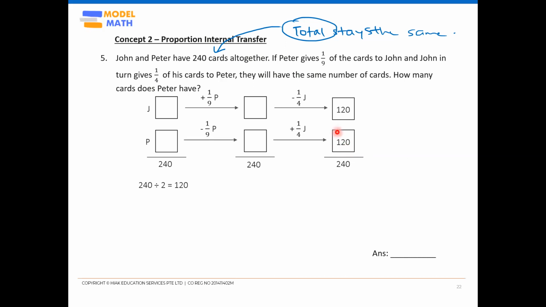However, if I use the top guy, John, John gave away 1/4. 1/4 means that this box will be treated as 4 out of 4. I repeat, this will be treated as 4 out of 4 because if he is going to give away 1/4 of his share here, this obviously will be treated as the whole 4 units. I don't care what was in front in the first scenario.